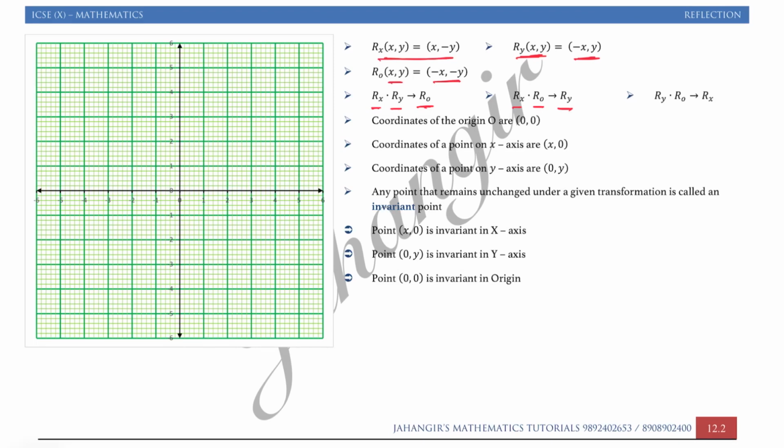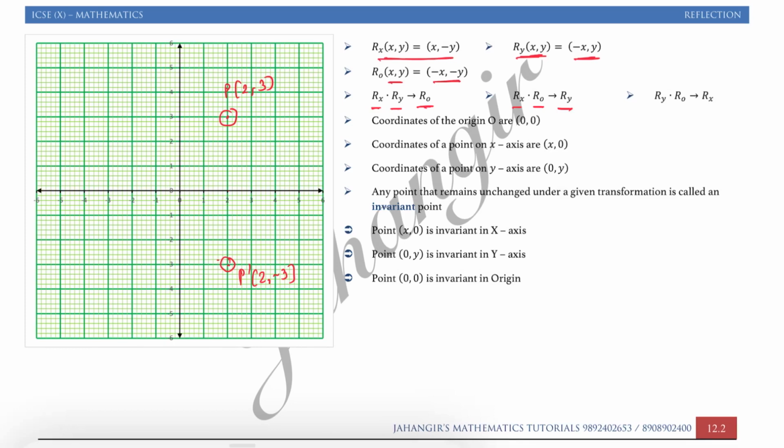I will tell you. This is the first point P, 2 comma 3. First it is reflected in x-axis. It becomes 2 comma minus 3. Then it is reflected in origin. So from this quadrant, through the origin, it will cross over to another quadrant.